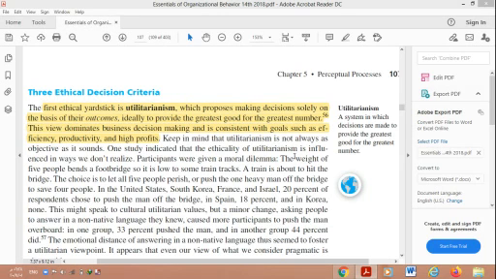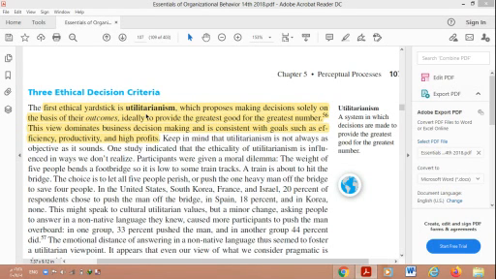Okay, so now we want to talk about the 3 main criteria related to ethical decision making. The first is utilitarianism, the second is rights, and the third is justice.